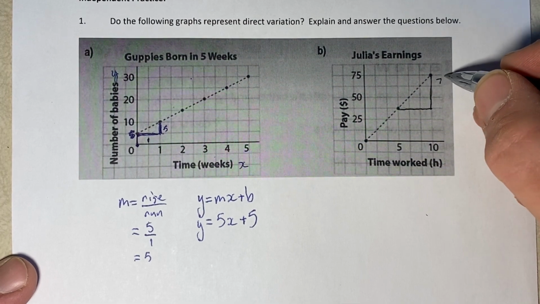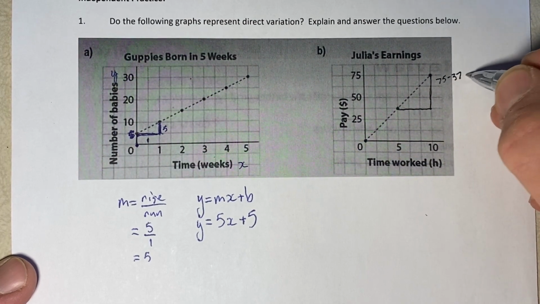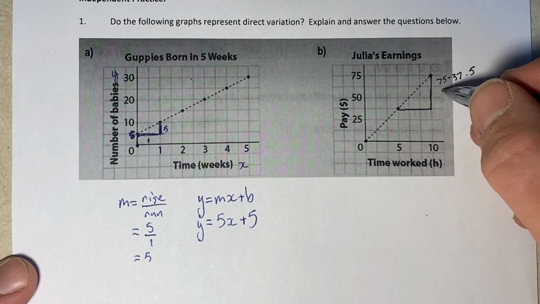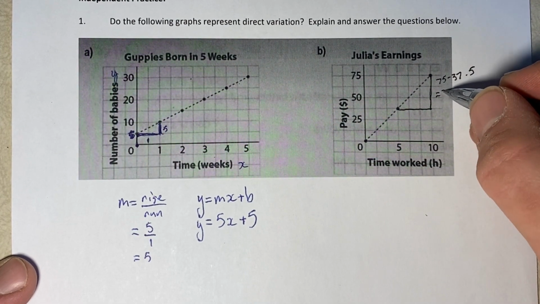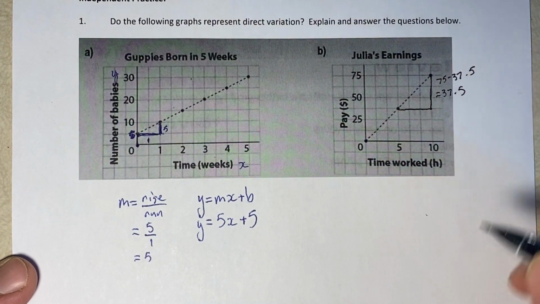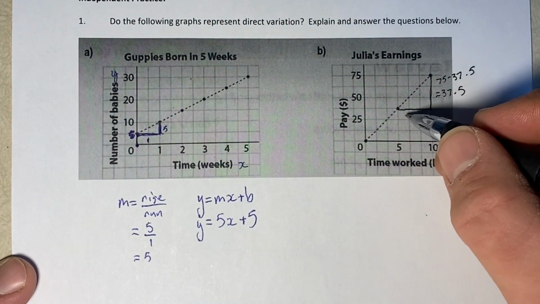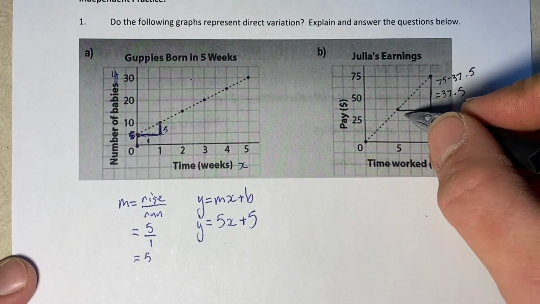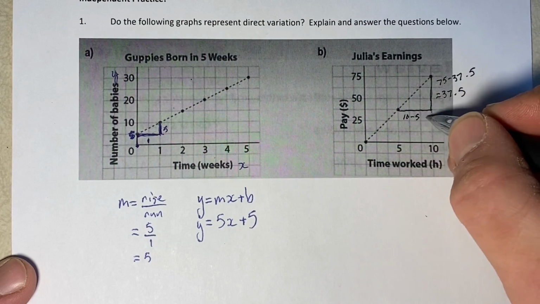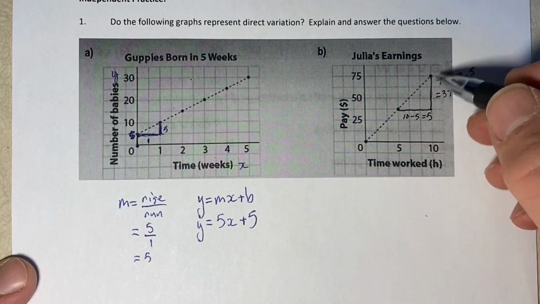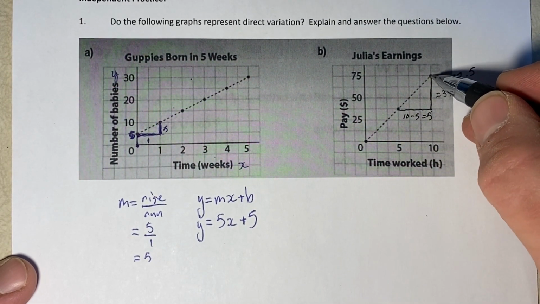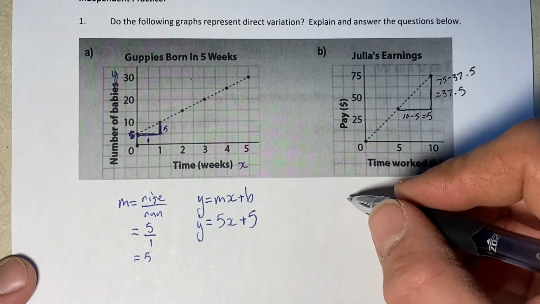So 75 minus 37.5 is a total rise of 37.5. And our run goes from 10 to 5, so that's 10 minus 5, or a run of 5. I'm just taking the differences from the farthest out point to the nearest point.